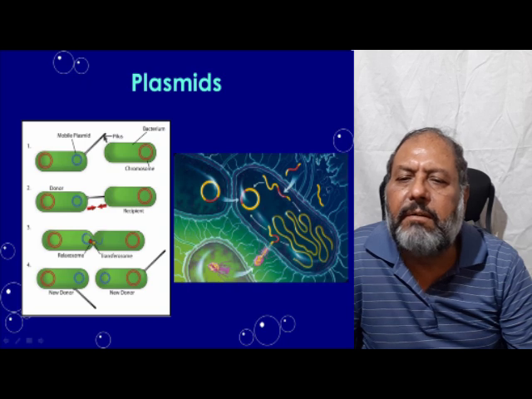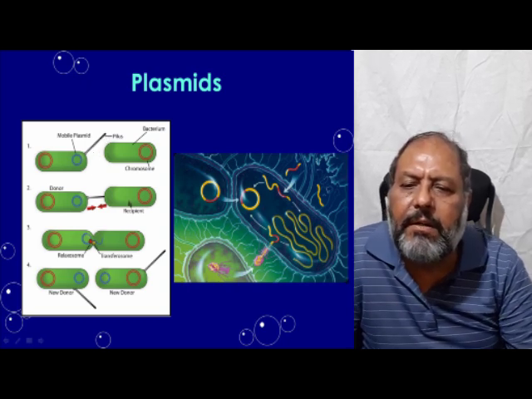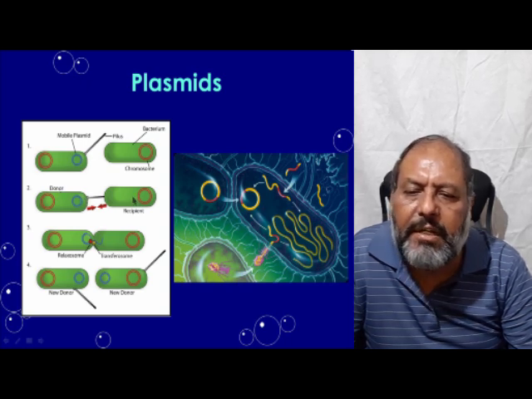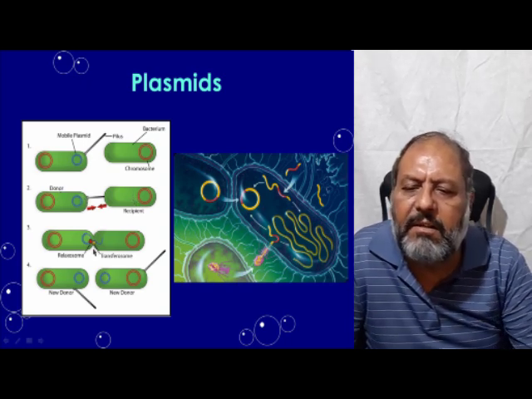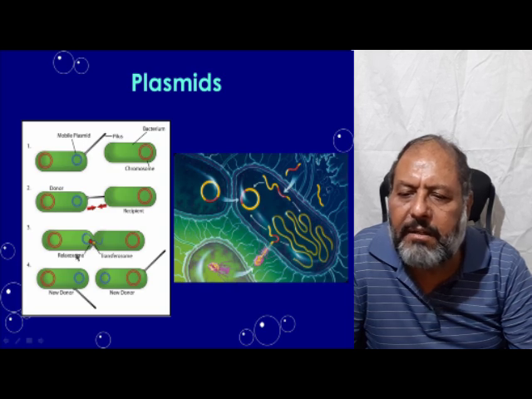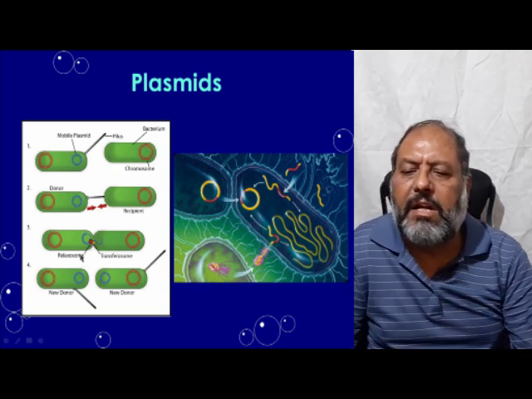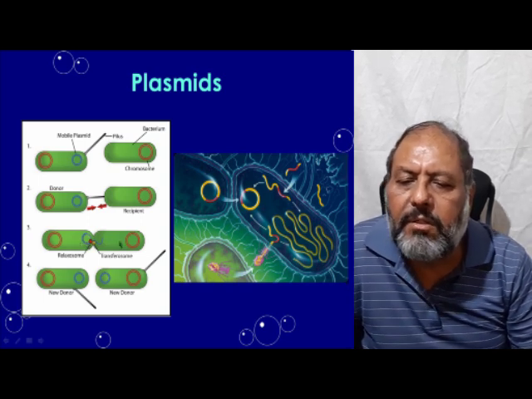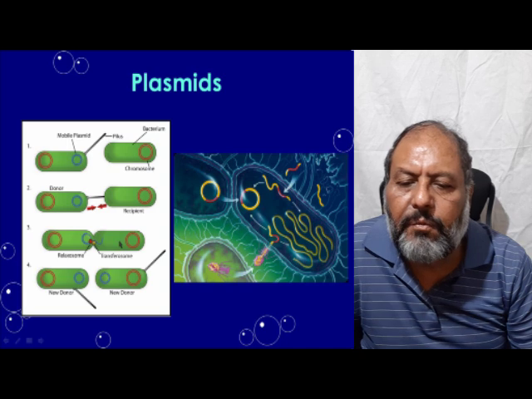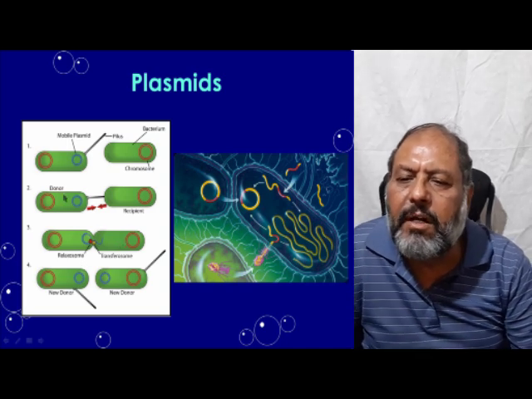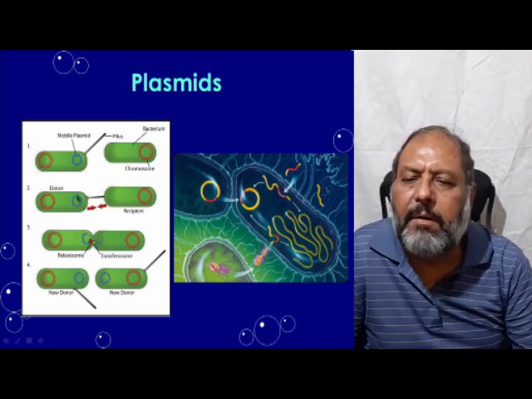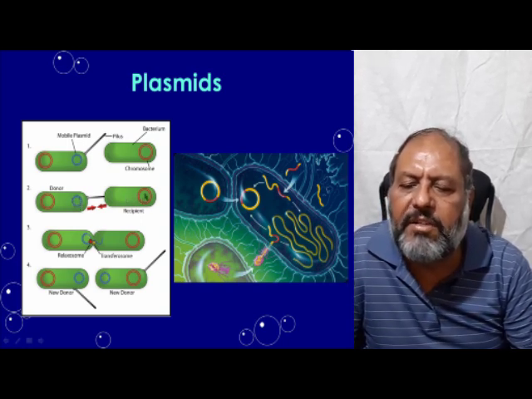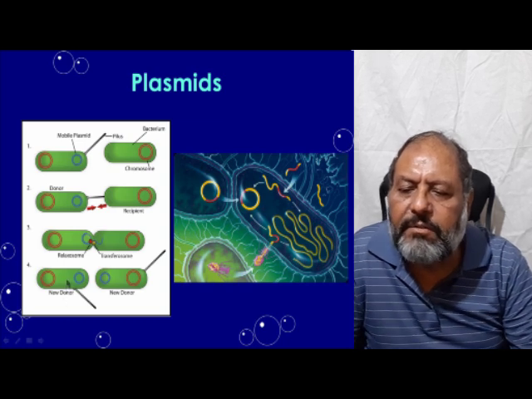Here you can see the donor joining to the recipient bacterial cell, and because of this joining it transfers genetic material, the plasmid, to the recipient cell. The donor gives a plasmid to the recipient, and the end result is a new donor.